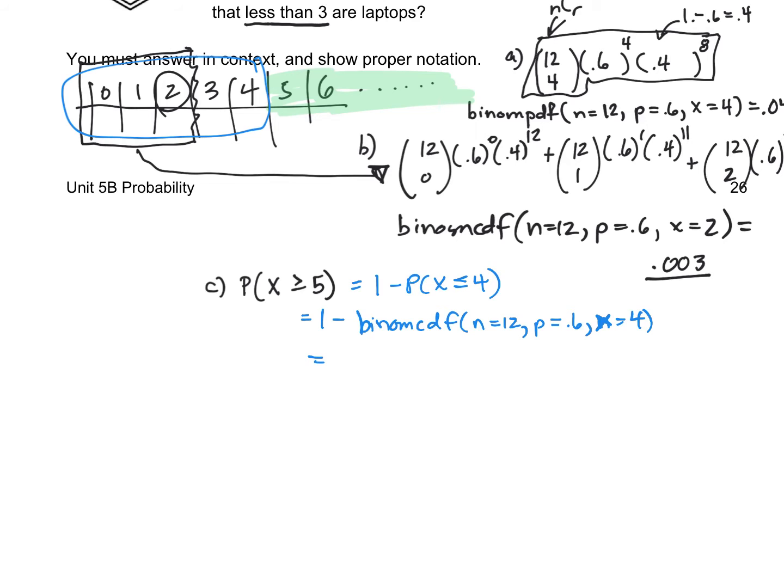How do you do 1 minus answer? Did you find binomial CDF? Do 1 minus and then do second, and right above the negative, it says answer. 0.943. Okay. Did everybody else get 0.943? Yeah. So do we get how to do this now? You can see why I wanted to get through this together.